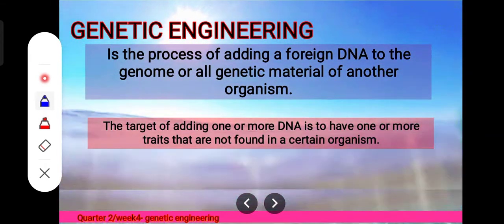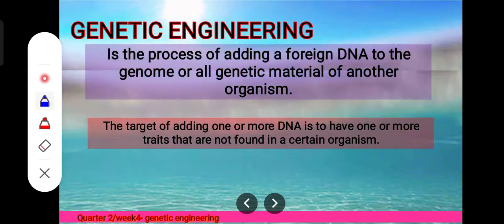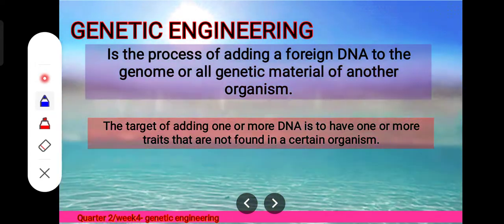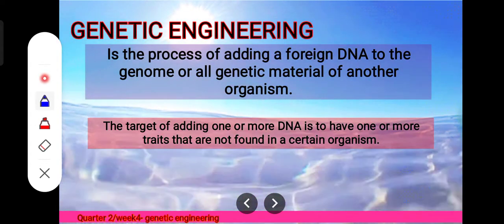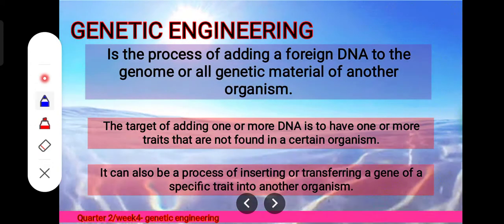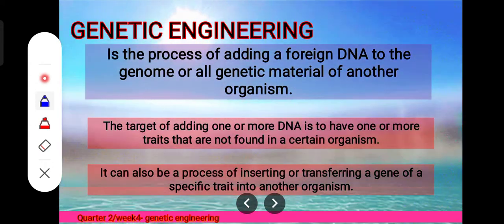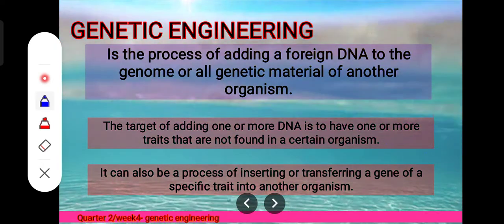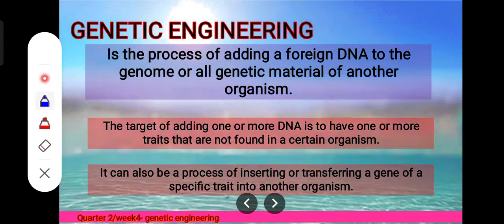The target of adding one or more DNA is to have one or more traits that are not found in a certain organism. It can also be a process of inserting or transferring a gene of a specific trait into another organism.